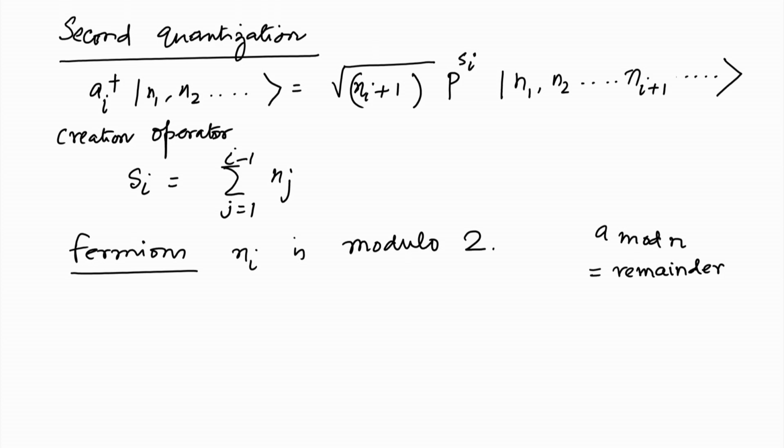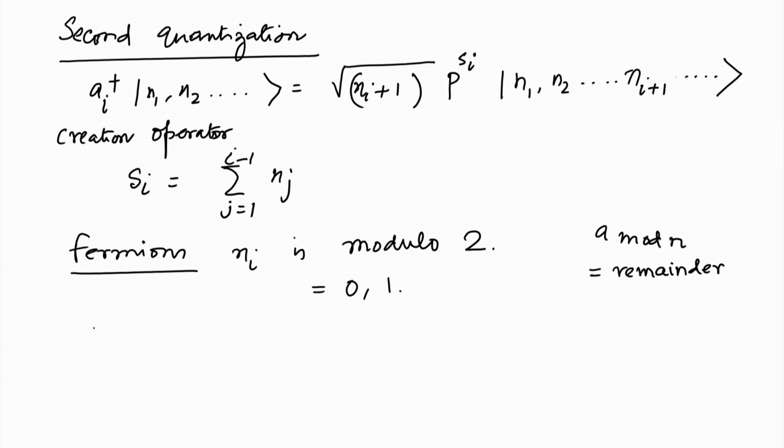So, for fermions, the division will leave a number which is either 0 or 1, because I am dividing by 2. So, n is equal to 2 here, and so n_i is modulo 2 means that automatically it can acquire values 0 or 1, and that takes care of the fact that the occupancy of fermions at each site could be either 0 or 1, and so that emphasizes the Pauli's exclusion principle.